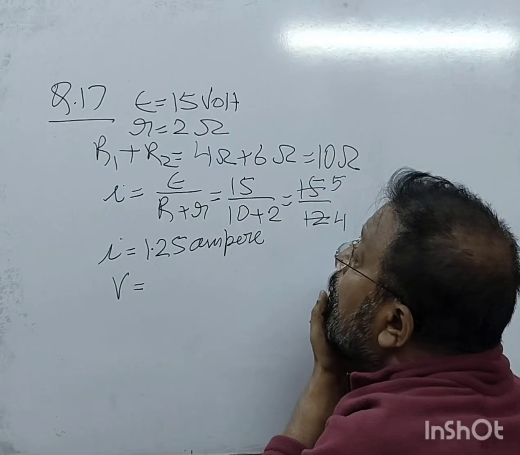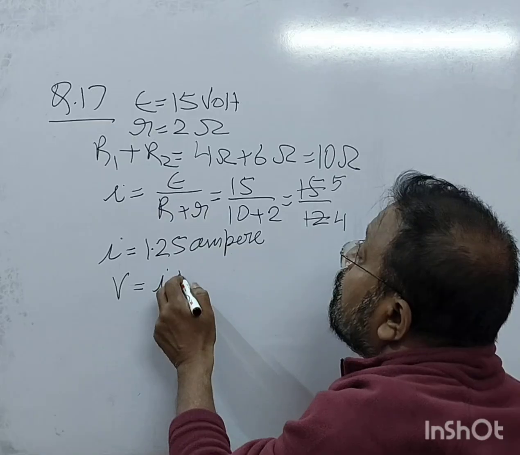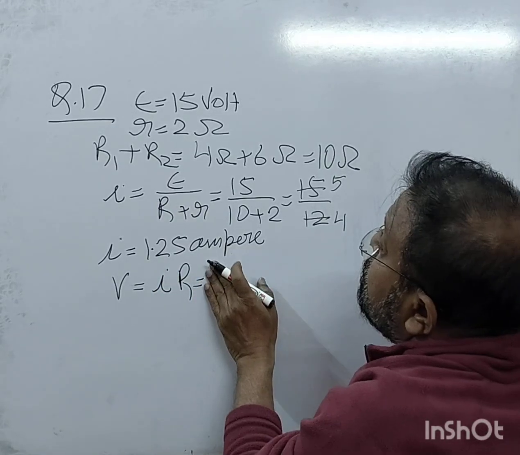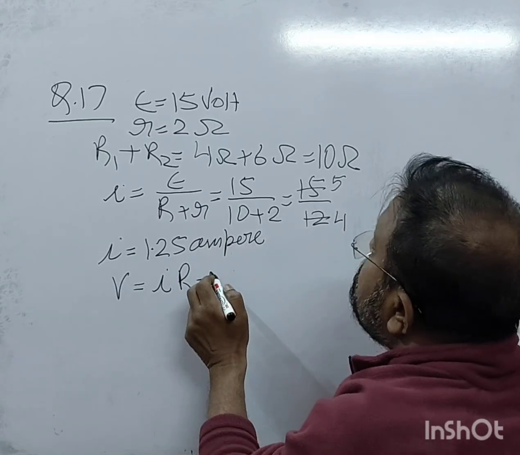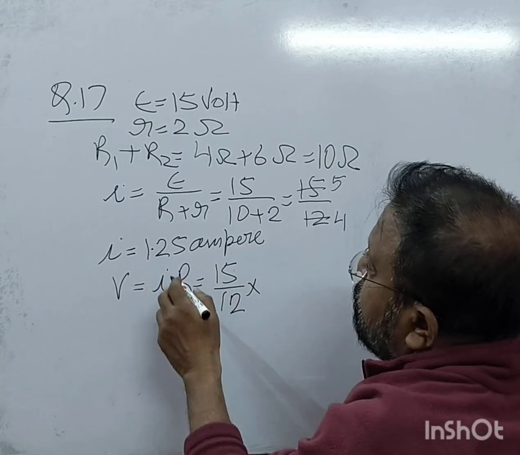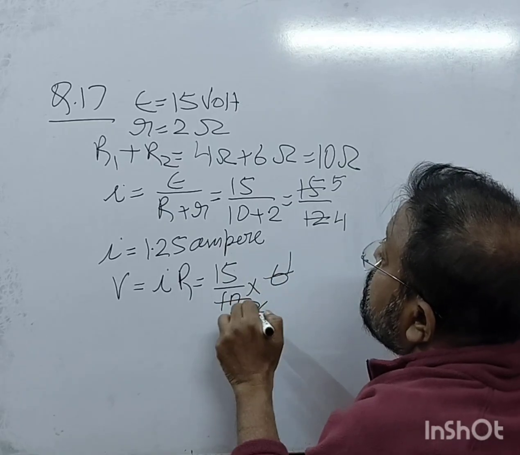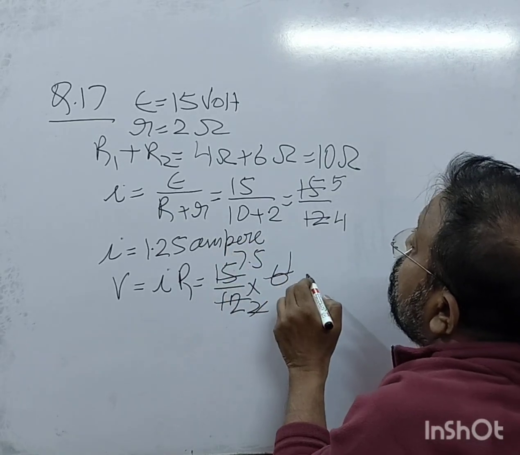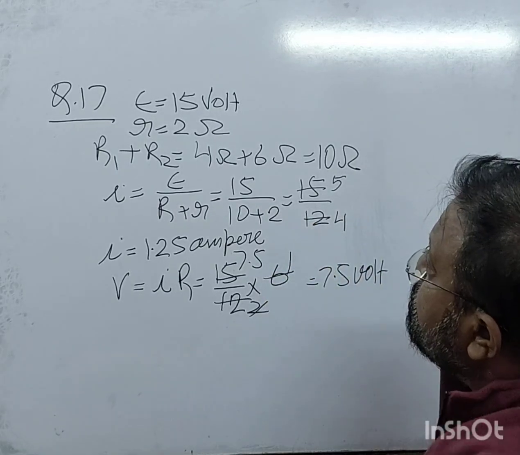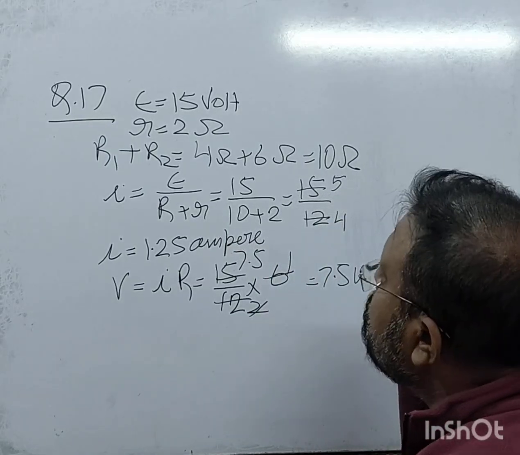So V is equal to IR. I is 1.25 ampere. अगर हम if we take 15 by 12 into resistance is 6, 6 ohm, 2 times it is 7.5 volt. 7.5 volt टर्मिनल वोल्टेज होगा.